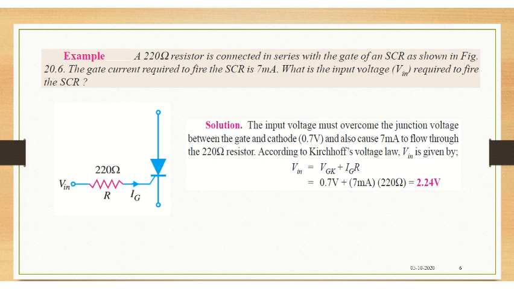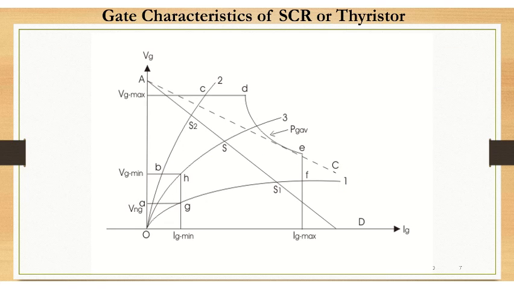Typically, this is the gate characteristics of an SCR or a thyristor. I hope it resembles the previous picture, the characteristic graph we had.